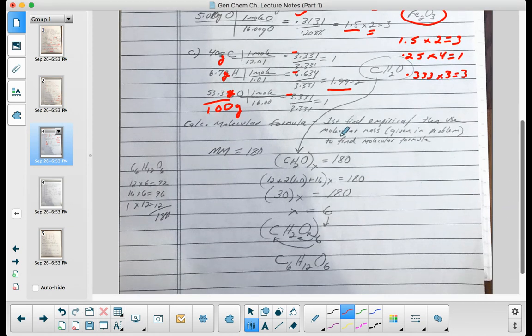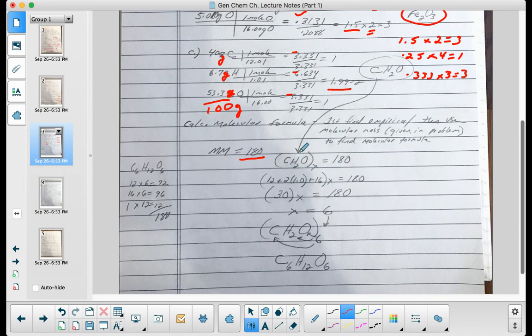Molecular formula is some multiple of the simplest formula. And so in this type of example, I'm trying to take the empirical formula, the simplest formula, and find the molecular formula from it. And the molecular is some multiple of the simplest formula. So to do this, I have to be given the molar mass of the molecular formula. So that would be a given in the problem.